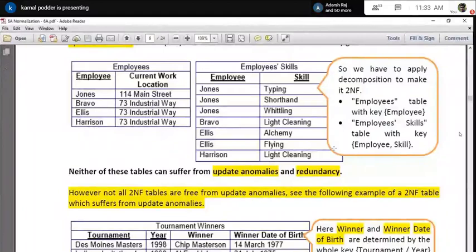We have already achieved the first normal form, so ultimately after achieving the first normal form you have to arrive at one or more tables where you observe these characteristics. Either there is a composite key and there is no non-prime column, or there is a table which contains a key which is not a composite key. If you achieve that, then you can say that we have achieved the second normal form.